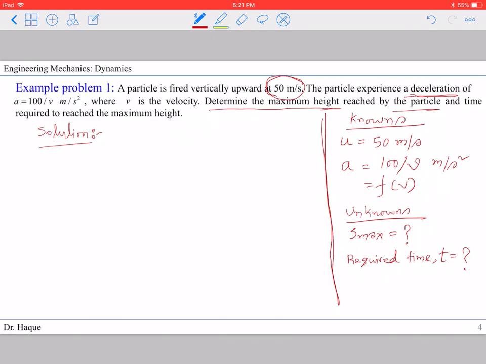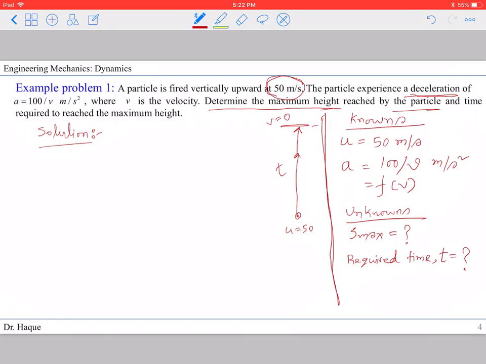We can also draw a diagram. So the particle is moving upward. The problem is asking what's the maximum the particle can go with the initial velocity of 50. So at that position, at maximum, my final velocity would be 0, and it also asks for the time.